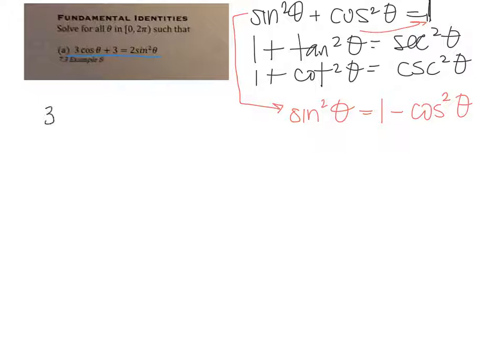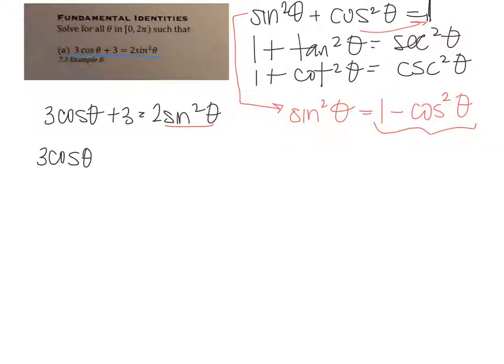So we have both a cosine theta and a sine squared theta, and because we have a Pythagorean identity for this, we're going to replace sine squared theta with what it's equivalent to, and then that will give us one equation with all the same trig function. So I'm going to rewrite this, and I'm going to substitute that identity 1 minus cosine squared theta in for sine squared theta, and I'm just going to simplify this equation.